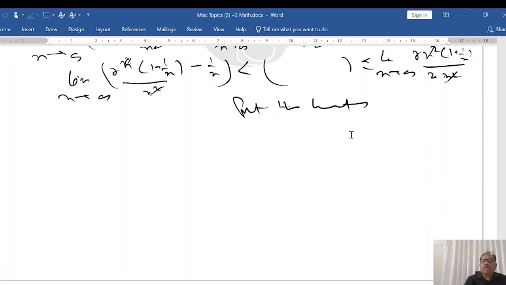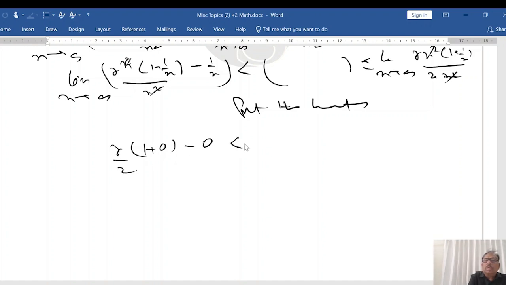What will come on putting the limits? This will become 1 plus 0 minus 0, into r by 2. What the question requires is less than r into 1 plus 0 divided by 2.